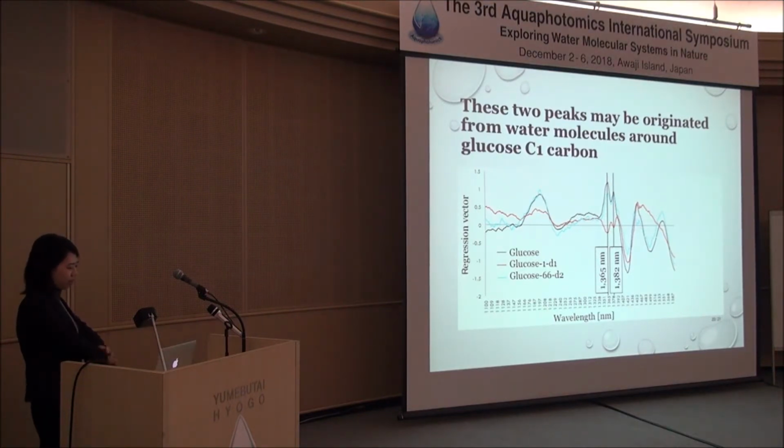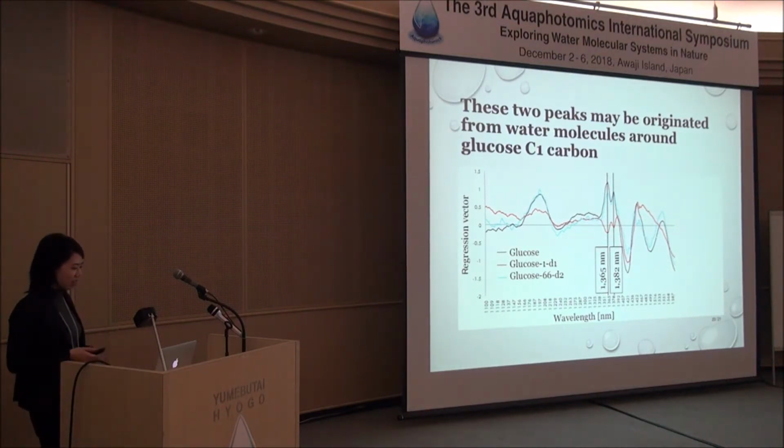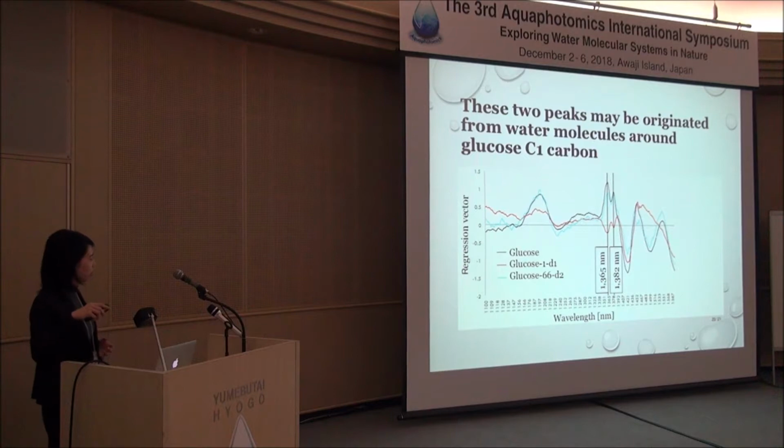Although I thought these peaks originated from exocyclic CH2, as I mentioned earlier, that is not correct, because the peaks remain in the regression vector of glucose 6,6-D2.